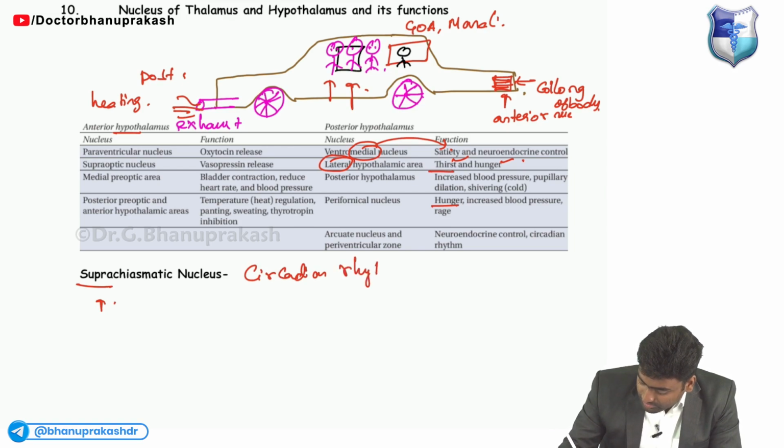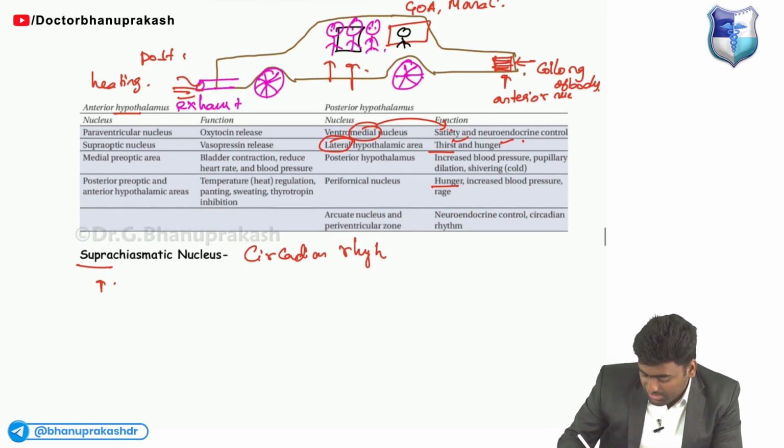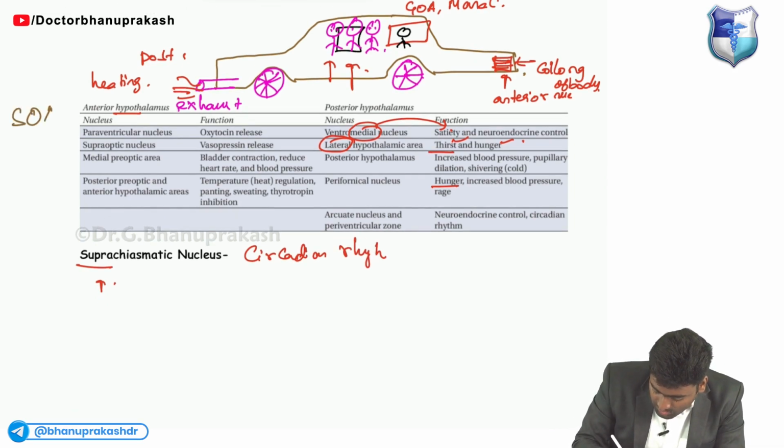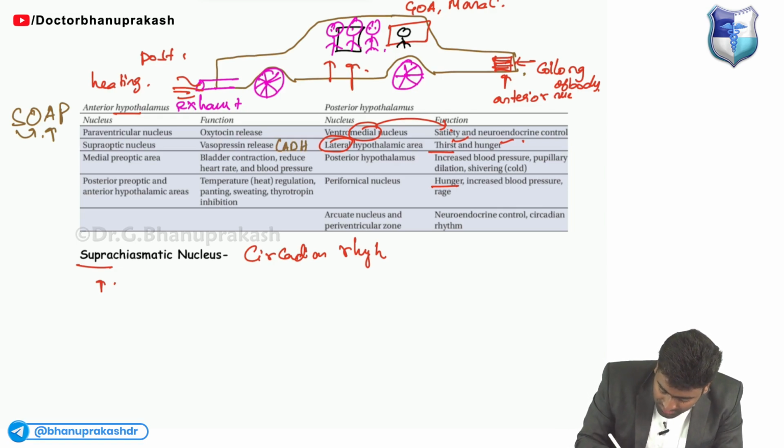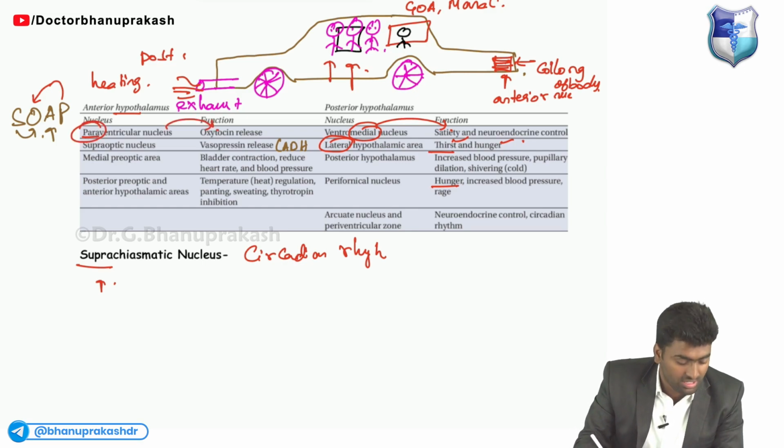And don't forget this mnemonic, which is SOAP. Remember, the supraoptic is responsible for secretion of ADH, which is vasopressin. Whereas you just read it in the opposite way, the paraventricular is responsible for oxytocin. I guess you are getting it.